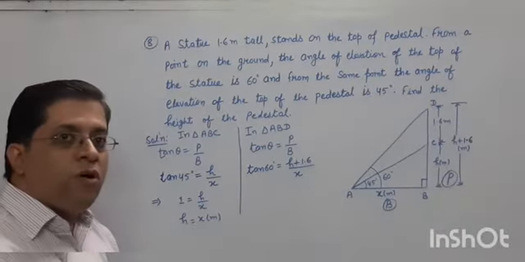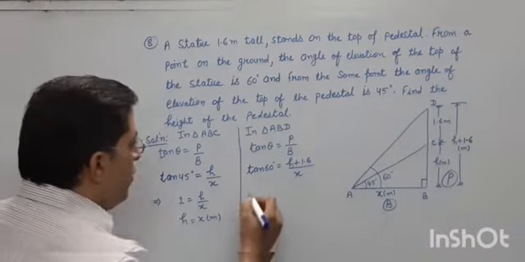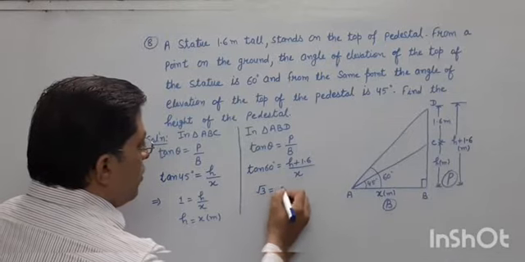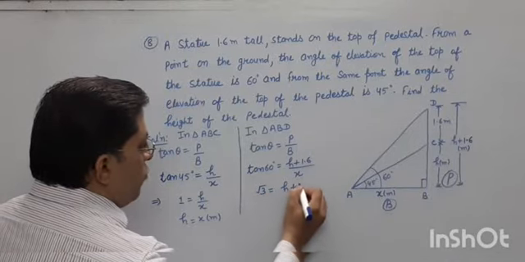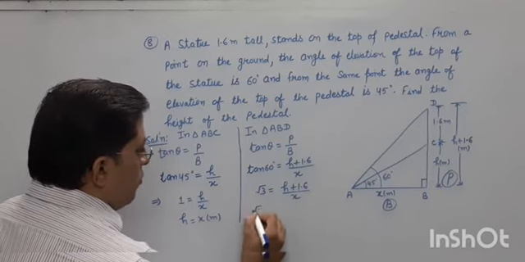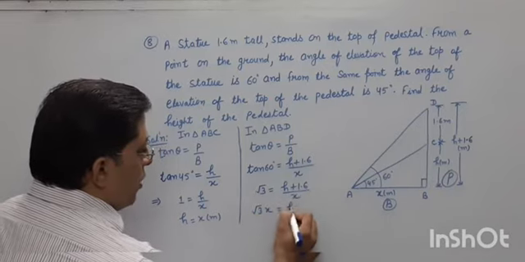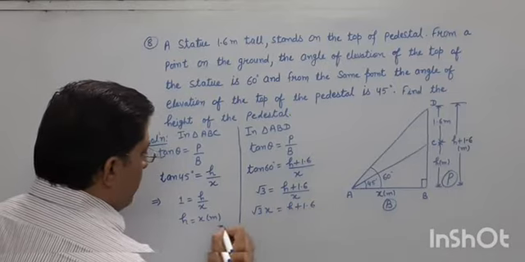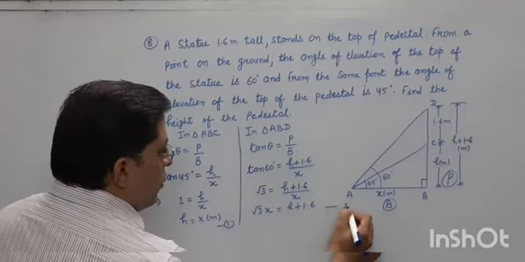Tan 60 degree is root 3. So root 3 is h plus 1.6 upon x. Then with cross multiplication, root 3 x equals h plus 1.6. This is first, this is second.